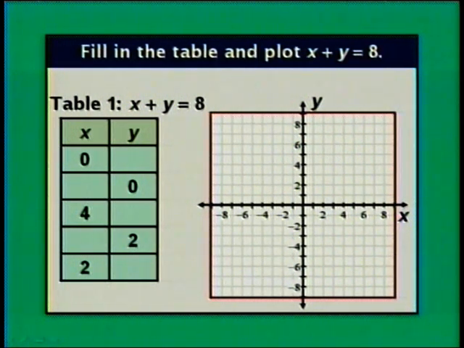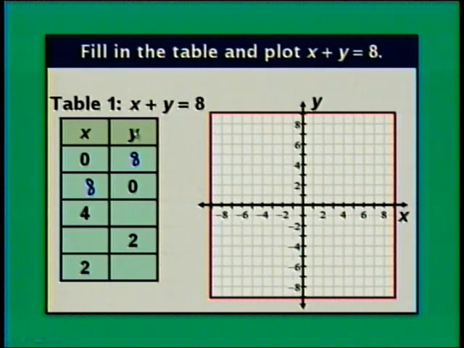So in table 1, when x is 0, what does y have to be? Well, looking at our equation, we know that x plus y equals 8. Since 0 plus 8 equals 8, y must be 8. Likewise, if y is 0, then x must be 8. What about if x is 4?